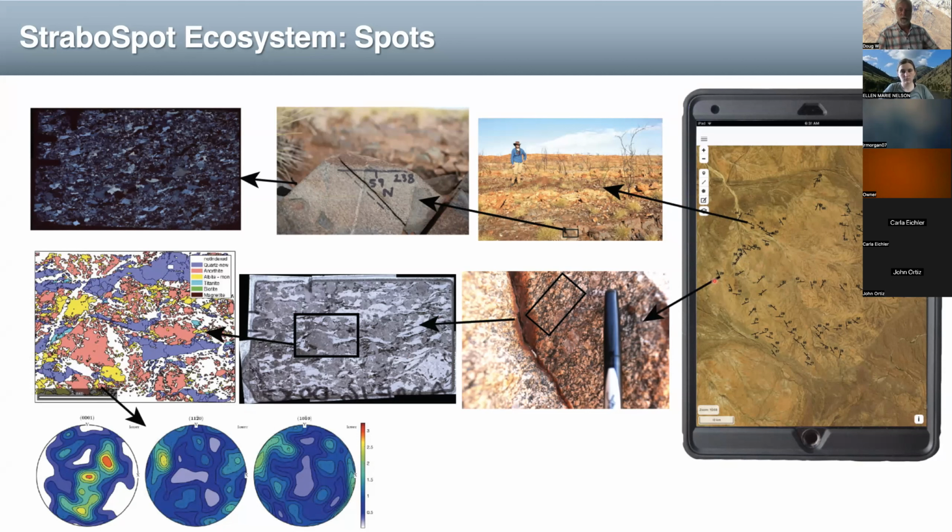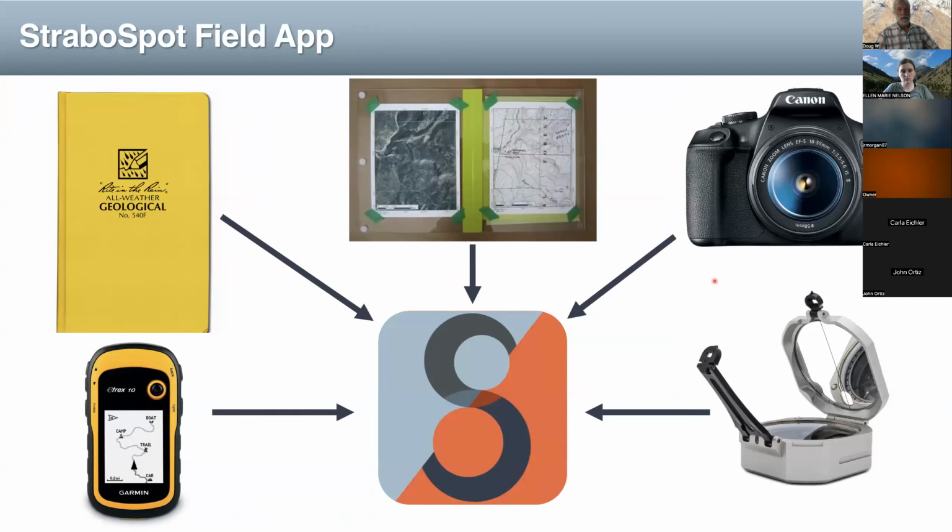So we start out with this idea of a spot. And the spot, you're collecting data at your spot. Well, we all have kind of a workflow, or we all have a way of doing it we've done for years.